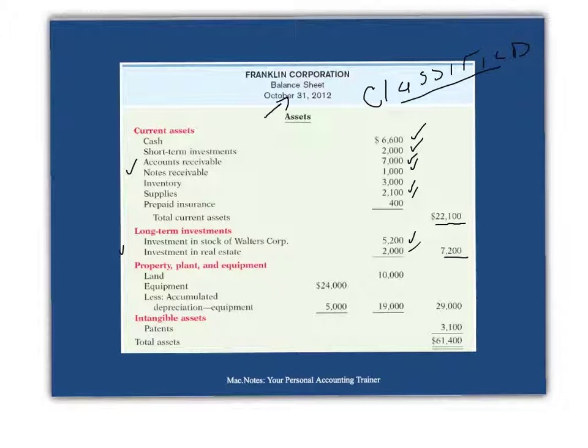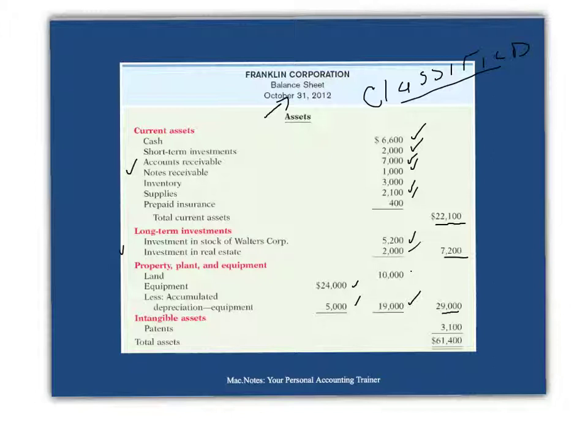And so land is one, but equipment we depreciate. So we bought the equipment for $24,000, but we've used up $5,000 of it. So the undepreciated portion of equipment is $19,000. These two together total property, plant, and equipment.